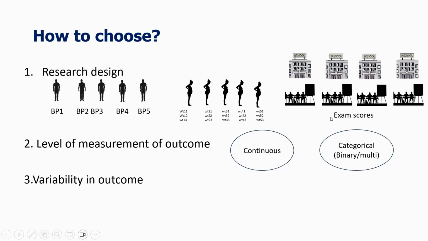You end up with a hierarchical structure where the outcome is affected by the intercorrelations and the variability of participants within each school, and also between schools you have variability.